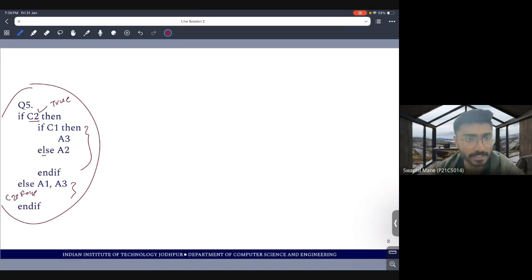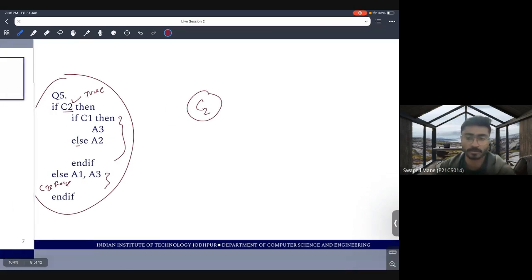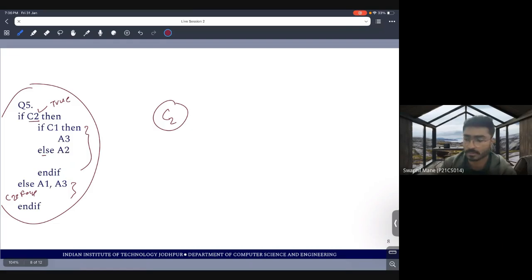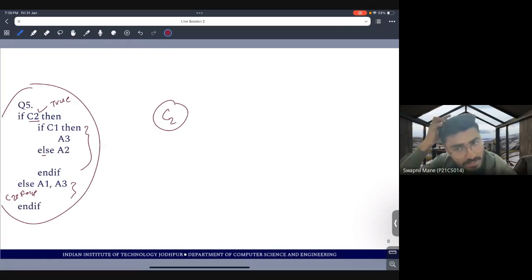That is a fundamental concept that we know, right? Because C2 comes first, that's why we have considered C2 first in the root node. Then we have an if-else, meaning true and false conditions. We are dealing with only true and false.